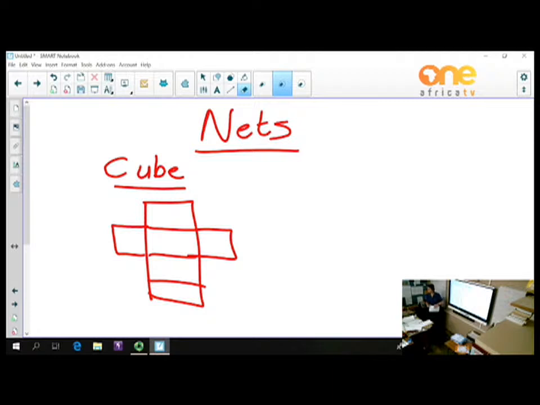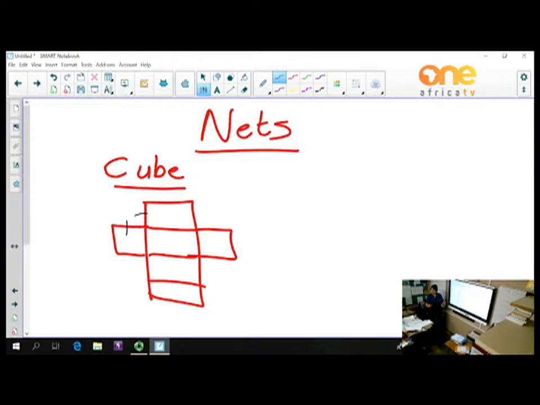If it is a cuboid, then these 2 will be equal and those 2 will be equal. The big thing, you must summarize this. The big thing that we need to remember now is that these sides fold on top of each other. So they must be equal in length. All the sides that are going to fold are equal in length.